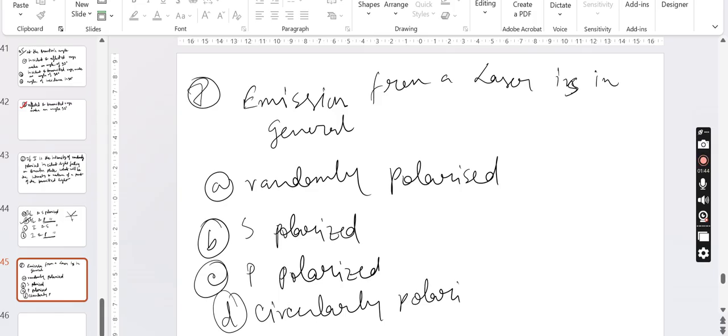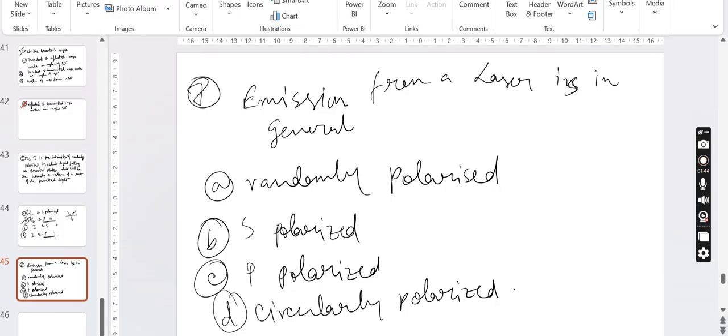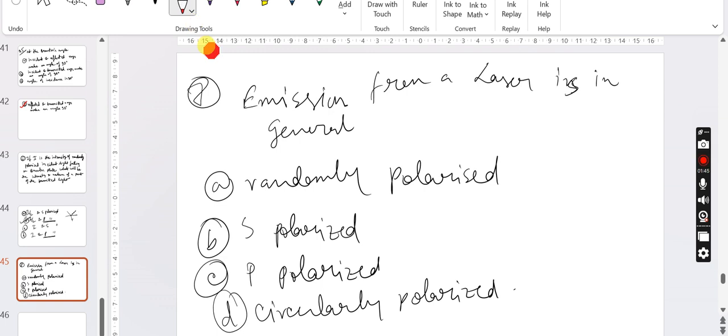So the emission from a laser is basically randomly polarized. It doesn't have any polarization. But if you put a mirror at the Brewster angle, then you will get P polarized light. But if you put a Brewster plate at a different angle, you can get less polarized also. But generally, if you do nothing, you will get randomly polarized.